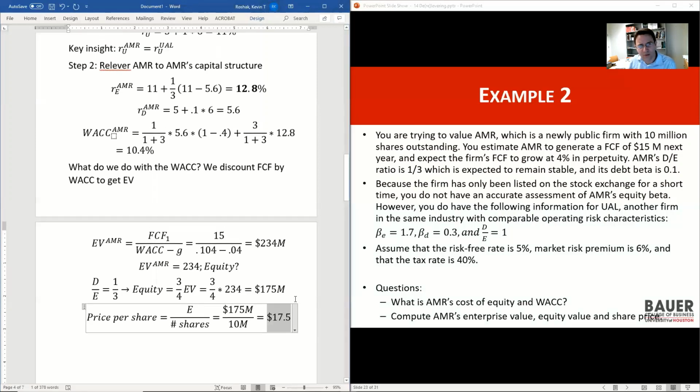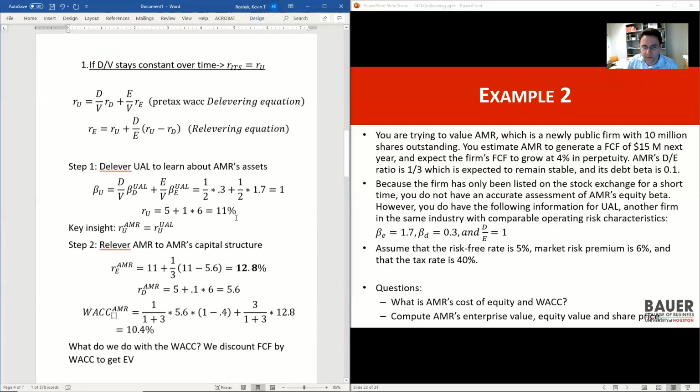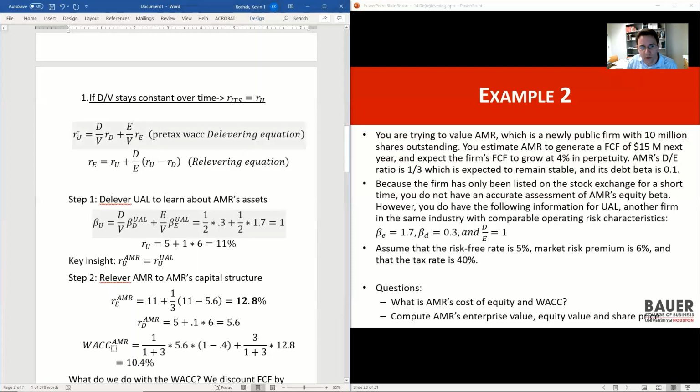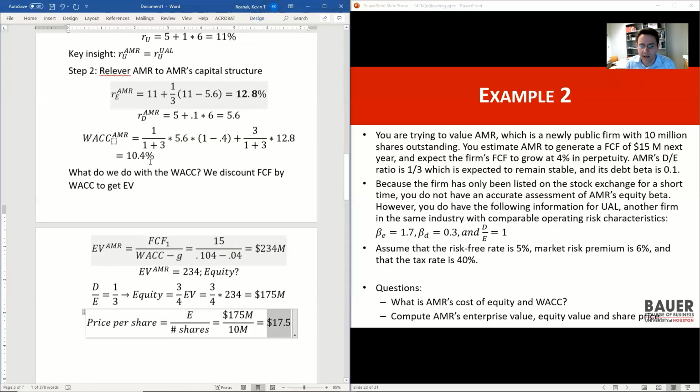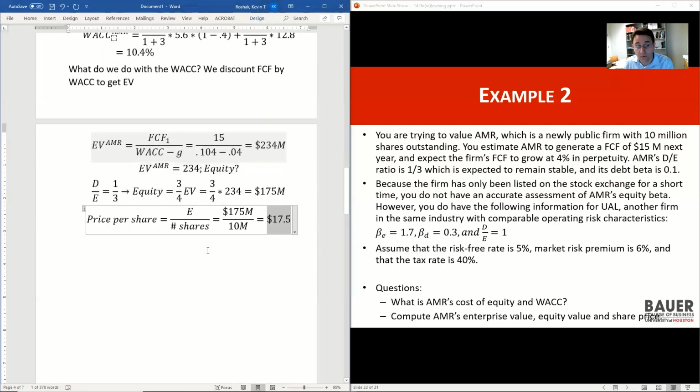And it's kind of interesting. How do you get this number when the company is newly public? Well, you have to go through all of this business. You have to figure out what their discount rate is going to be by looking at other companies with the same assets. And then on top of that, you forecast their free cash flows. You discount those free cash flows by the WACC that you figured out using other companies to get the enterprise value, and then you infer what the value of the equity should be.